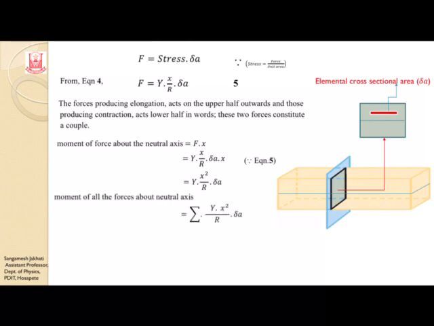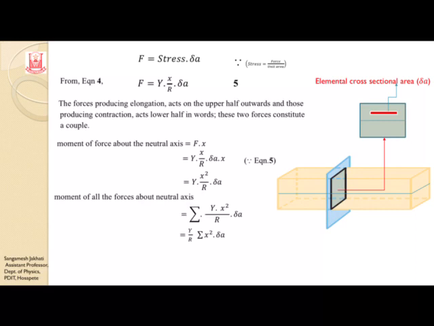So the moment of all the forces about the neutral axis due to all the surfaces is the summation of all such moments of force, that is y into x square divided by r into delta A. Here, for a given material, y, Young's modulus, is a constant, and for a given layer the radius is also constant, so we take them out.